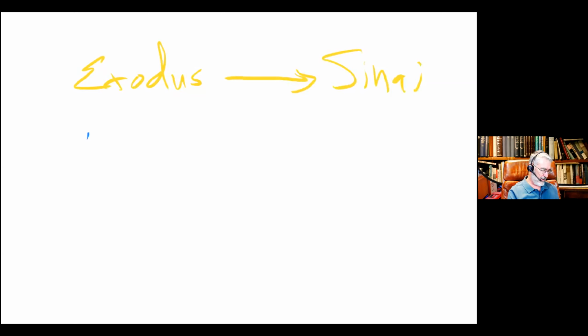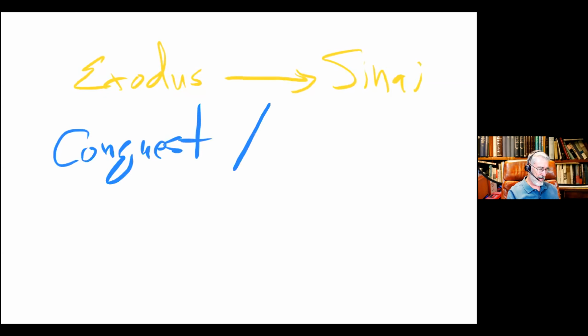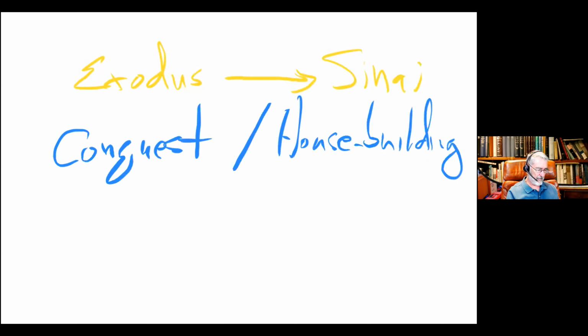It's what we call the conquest, then house building pattern or motif. Conquest leading to house building.